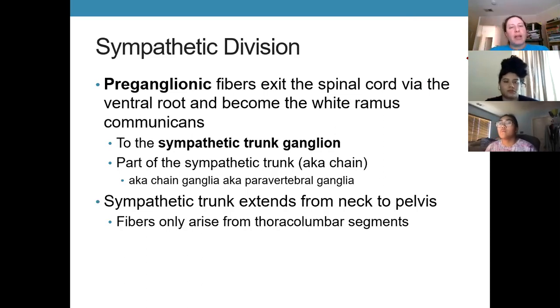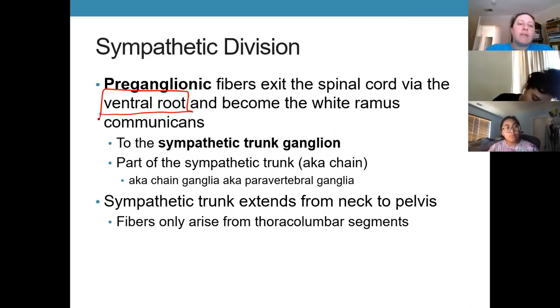So the preganglionic fibers exit the spinal cord by the ventral root, because that's where all motor axons come out of the spinal cord, and they enter into the sympathetic ganglion, those vertebral ganglia, by the white ramus communicans.